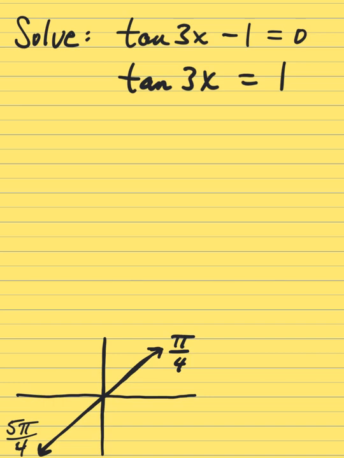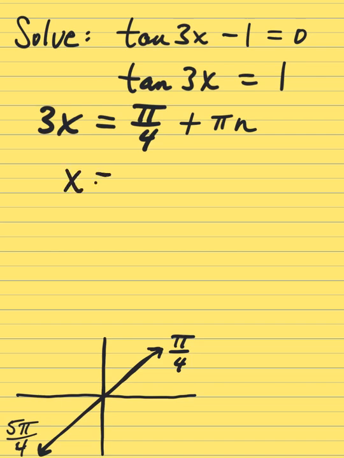Keep in mind, 3x is the angle in this problem. So that is equal to pi over 4. Remember, tangent has a period of pi, so we can put an angle generator of pi n on it. Divide all the way through by 3.